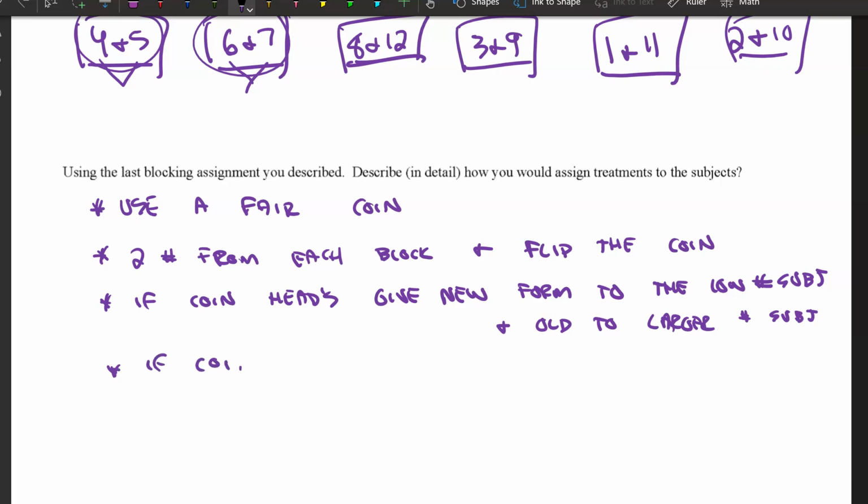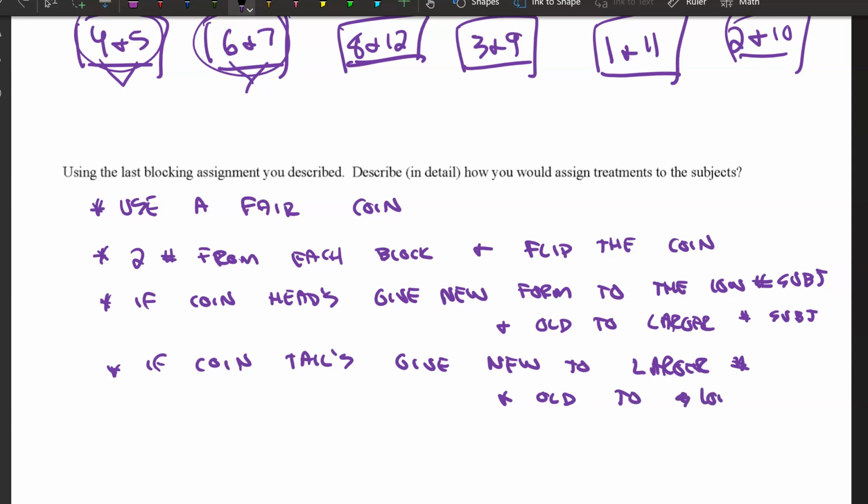If the coin lands tails, I will reverse it. I will give new to the larger number and old to the lower number.